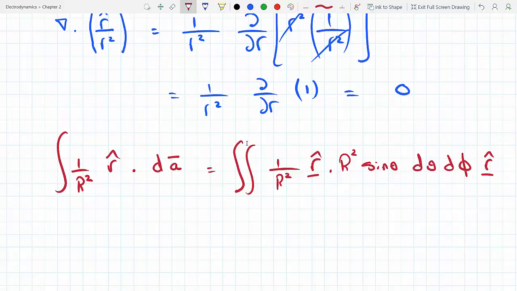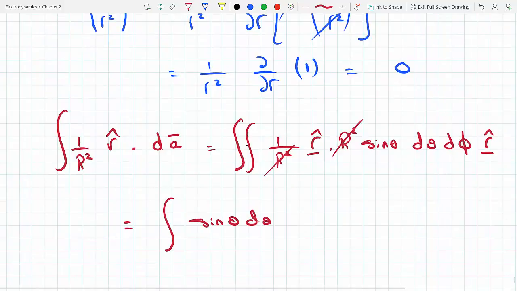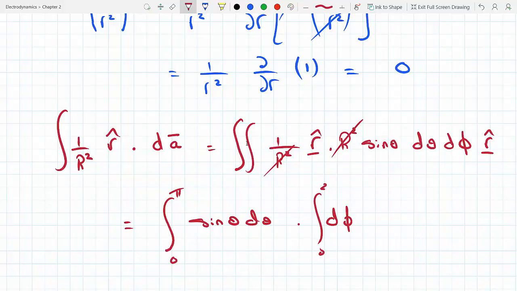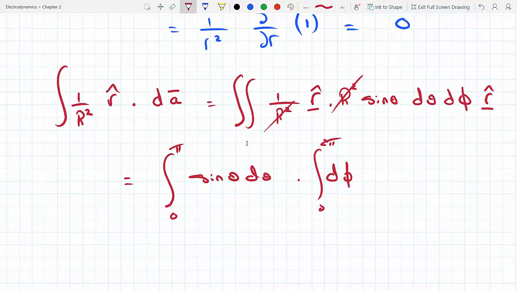And this here is a double integral, so these two cancel out, and we get sine theta d theta from 0 to pi times d phi from 0 to 2 pi. Technically the first one gets you 2, the second gets you 2 pi, so you get 4 pi, right?